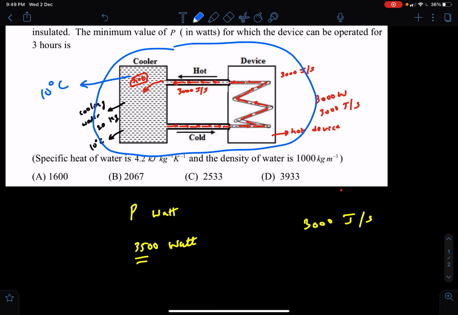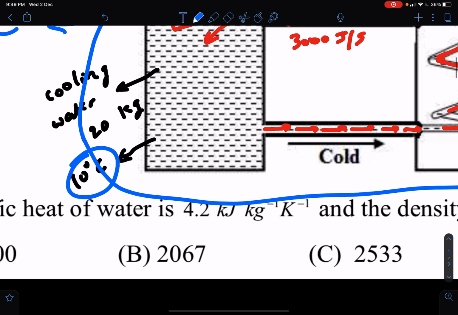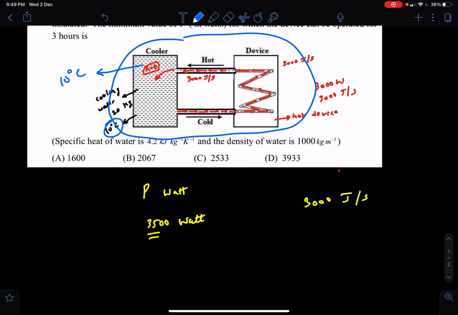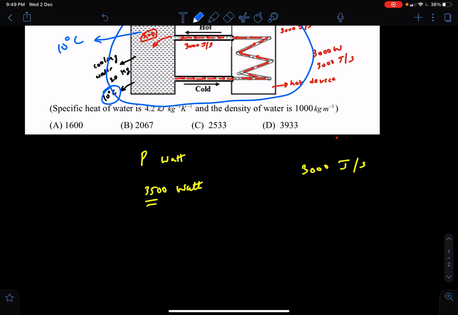So overall loss will be 500 joule per second. And because of continuously losing 500 joule per second, this entire water as a system will start getting its temperature reduced.